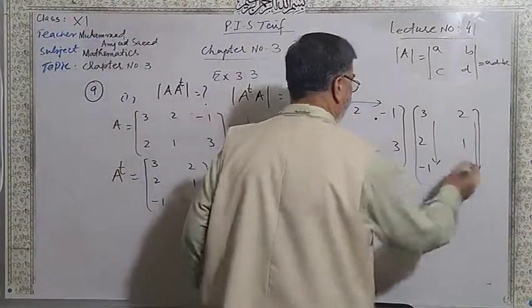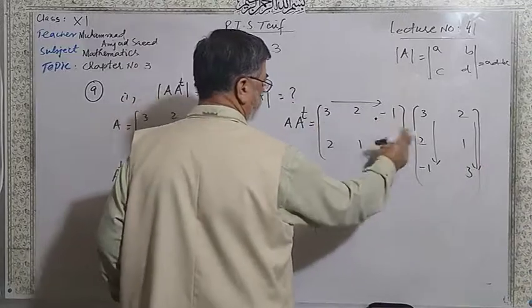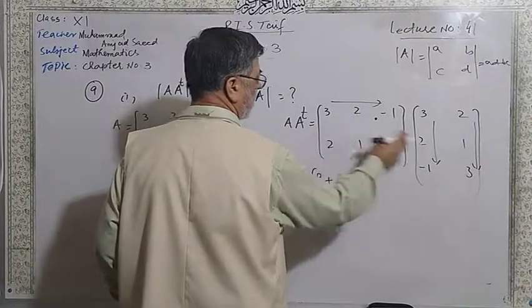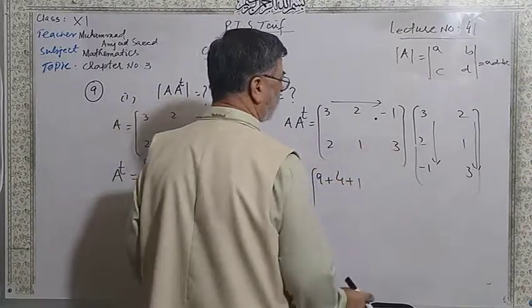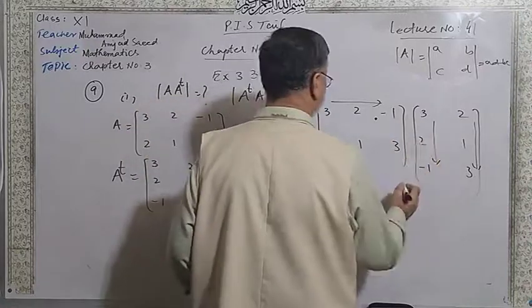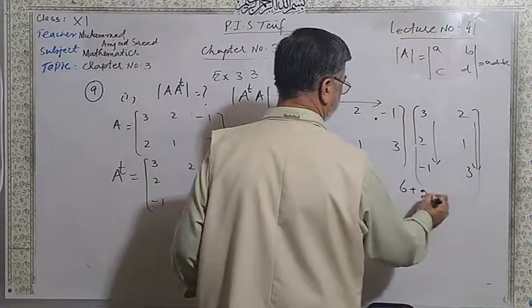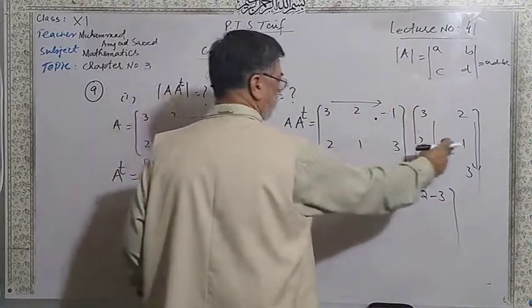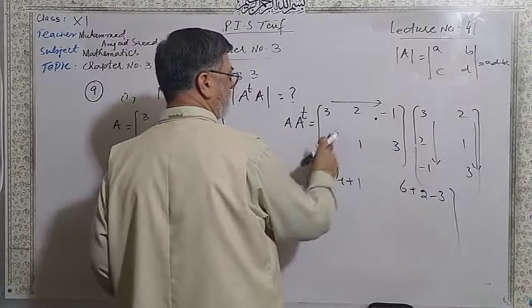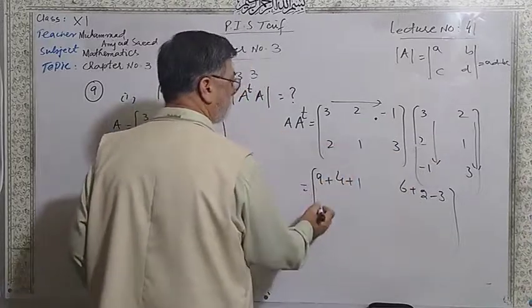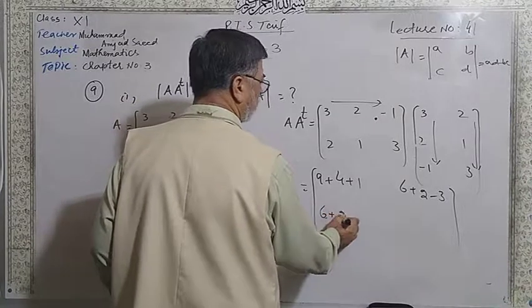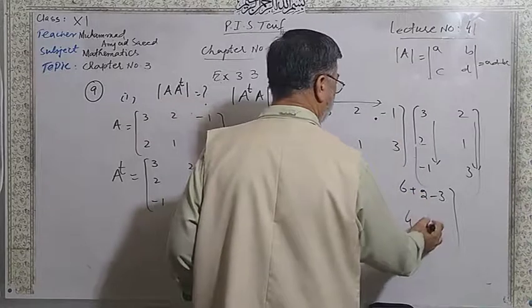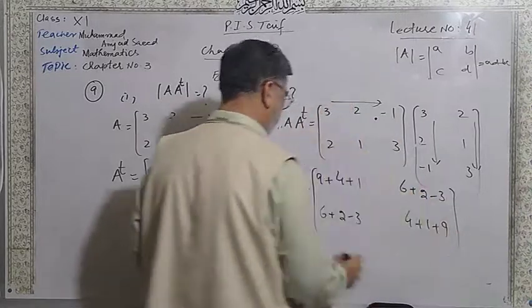You multiply them first into first plus second into second plus third into third, and similarly for the other entries, and the second row too.